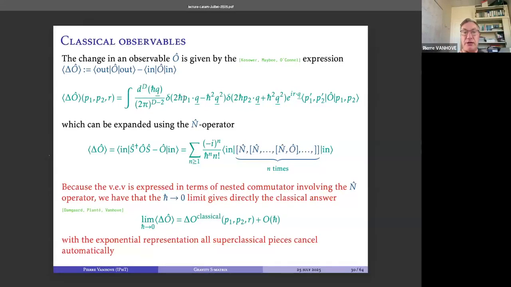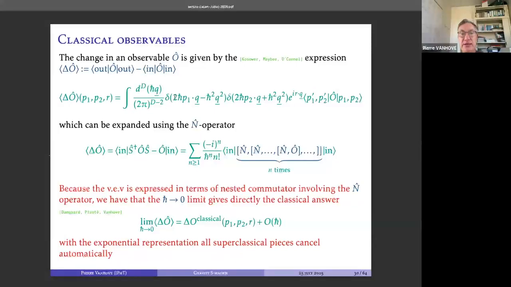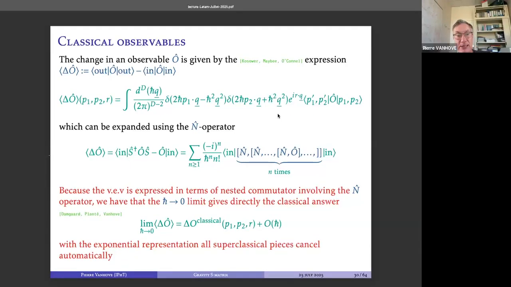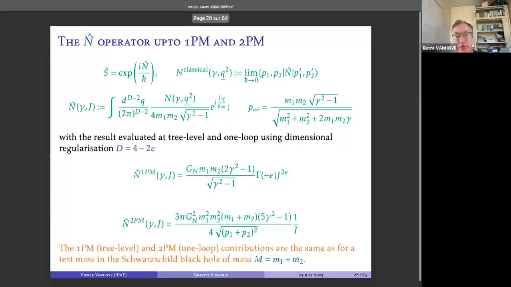Here you see something interesting: the delta function that you have with the h bar, when you take the h bar going to zero limit, this term is going to be subleading.